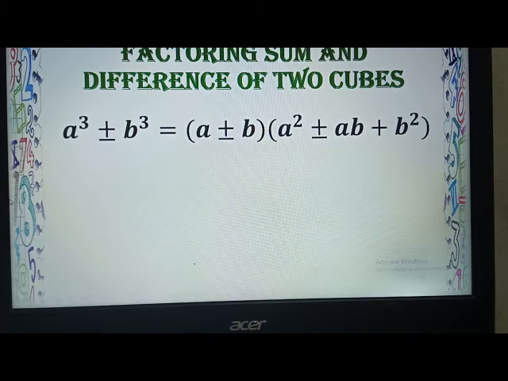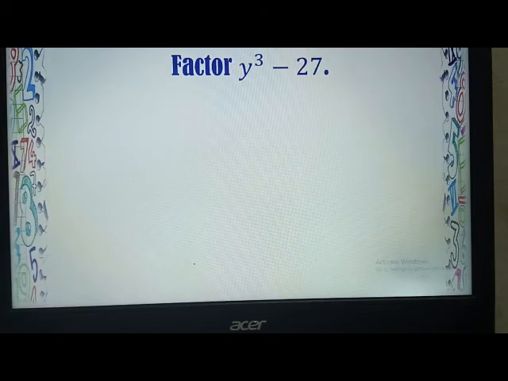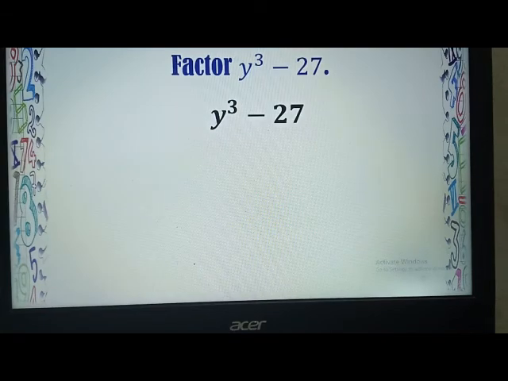Let's have an example. Factor y cubed minus 27. Y cubed minus 27, we have a binomial and trinomial factor. The first term of the binomial factor is taken by getting the cube root of y cubed. What is the cube root of y cubed? If you're taking the cube root of variables, you just have to divide the exponent by 3.